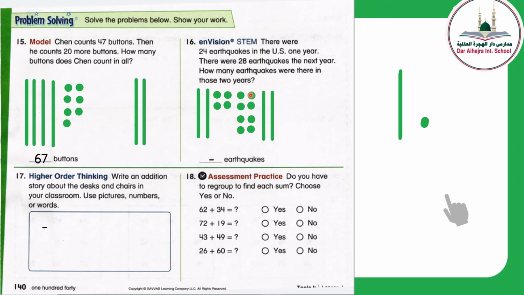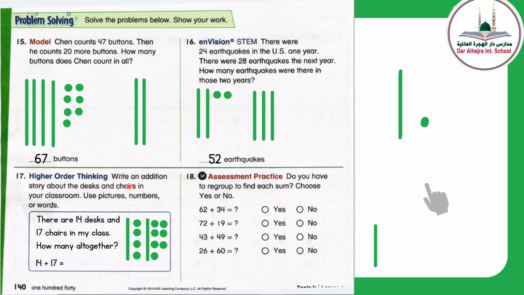Now look here very carefully. That means here we need to regroup them. You can see here I regrouped them. I replaced the 10 ones into a single 10. Now finally I have got 5 tens and 2 ones. That means there were 52 earthquakes that year.